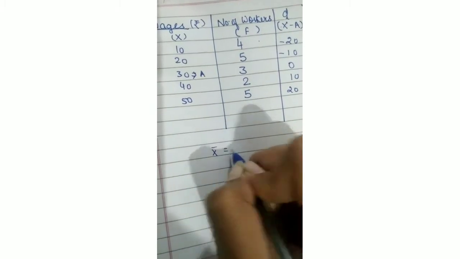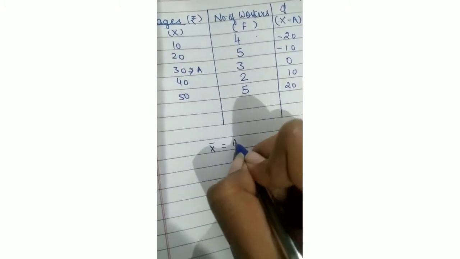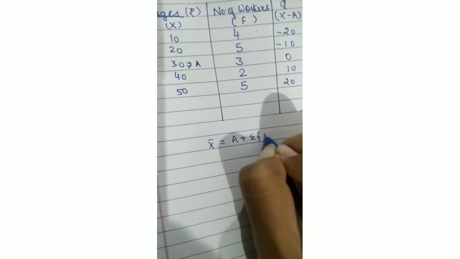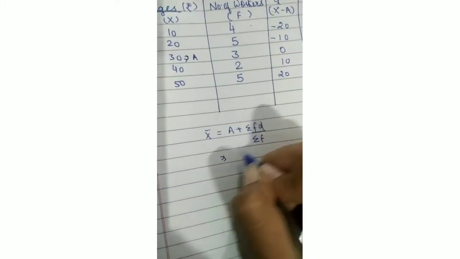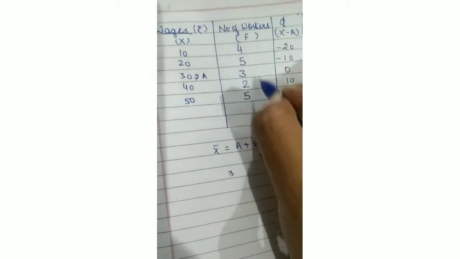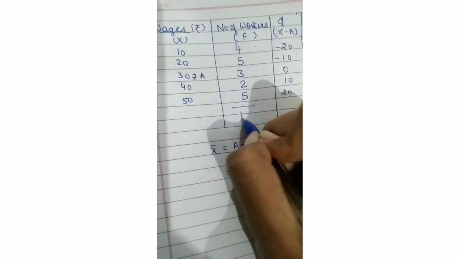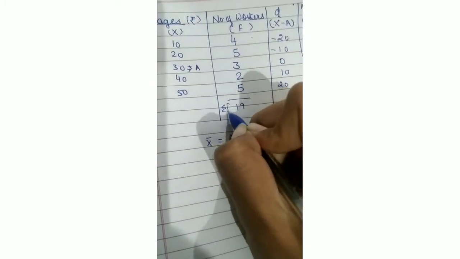As our formula of mean in shortcut method of discrete series is a plus sigma fd divided by sigma f, we also have to find sigma f, and the given sigma f is 19.